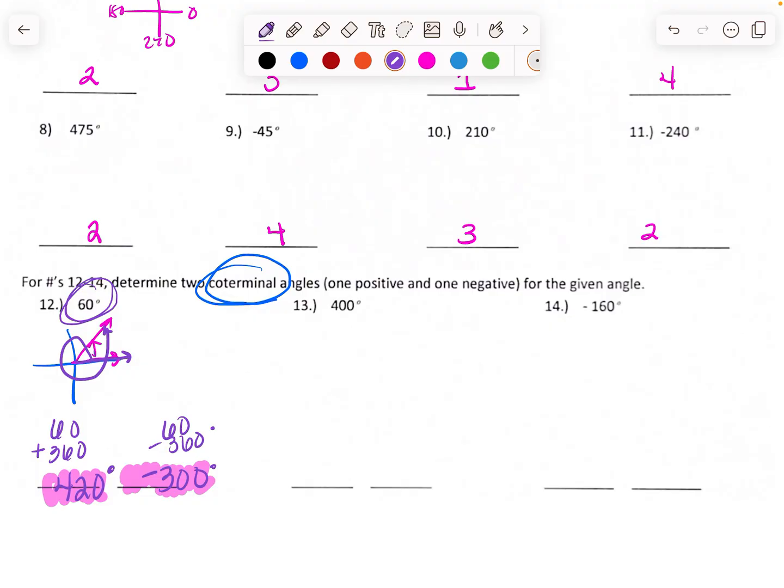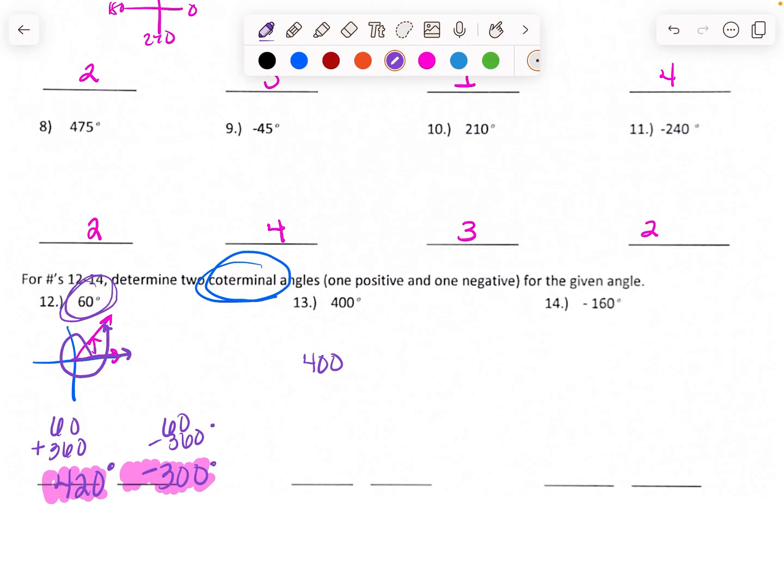All right, so for 400, if I go a full circle around from 400, I am going to get to 760. If I start at 400 and back this up, I end up with a 40-degree angle. So that is still a positive.